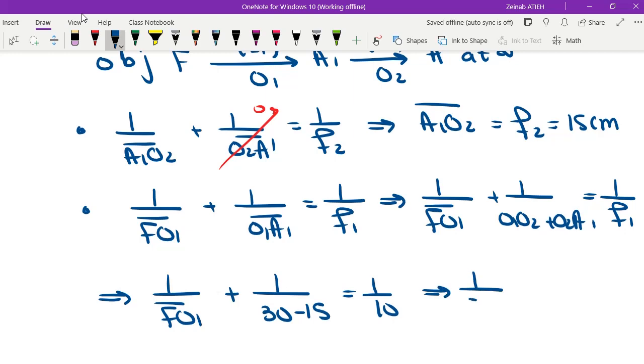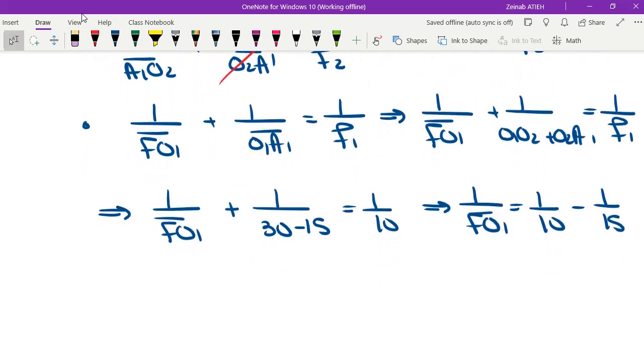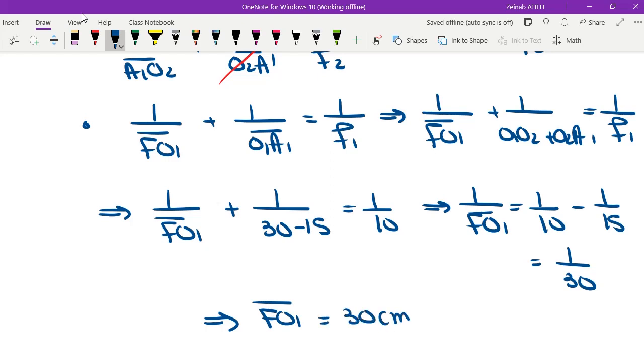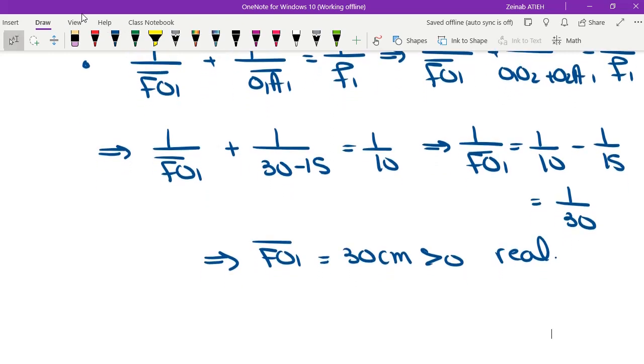Implies 1 over FO1 equals 1 over 10 minus 1 over 15, بيطلع معنا 1 over 30. So FO1 is equal to 30 centimeter positive. So the object is a real object. It's a real object focus.